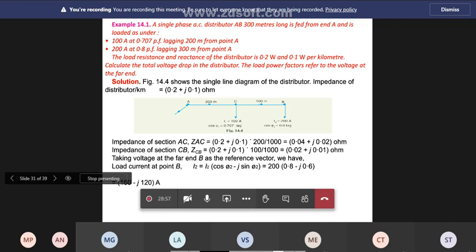Calculate the total voltage drop in the distributor, with load power factor referred to the voltage at the far end. The far end is nothing but the receiving end voltage. So that is the first part.